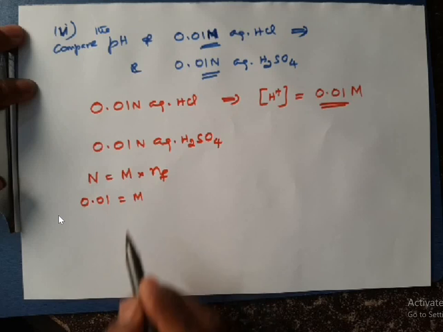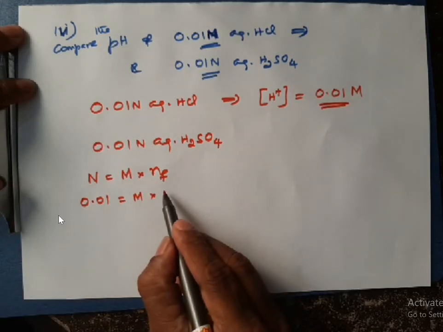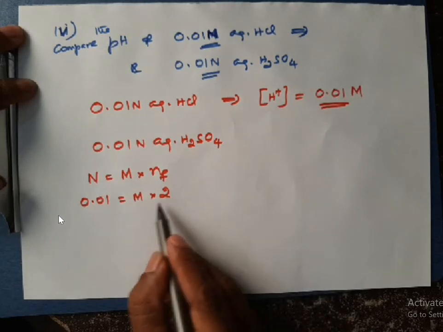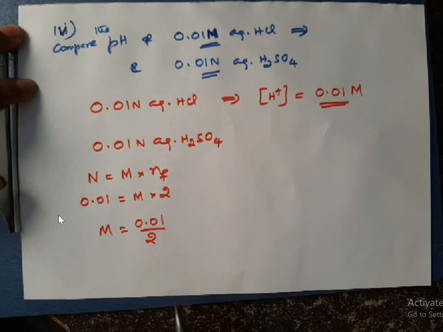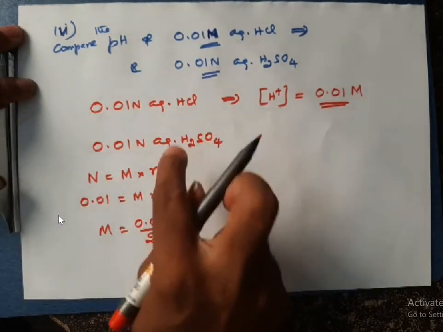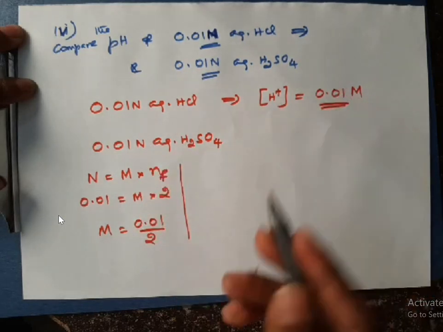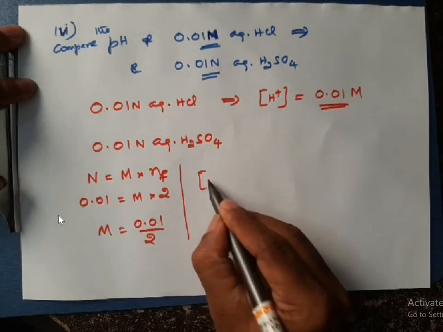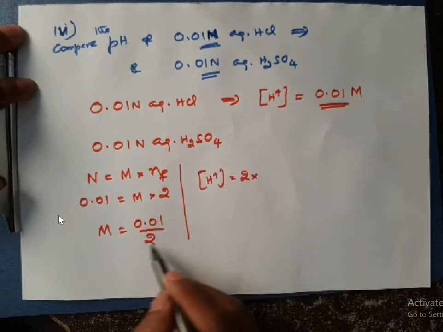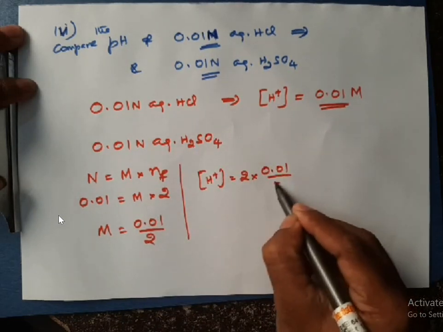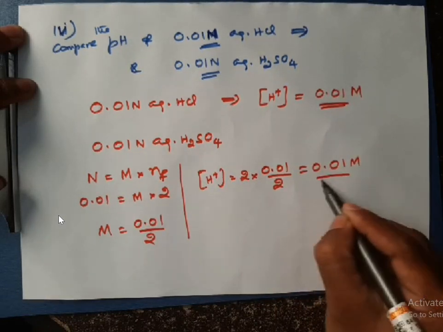So we need to find the molarity of the acid first. The N factor for sulfuric acid is 2. If I substitute this value, I get M equal to 0.01 by 2. This is the molarity of the acid. Each sulfuric acid molecule will provide 2 H plus ions. Therefore, the molar concentration of H plus is twice the concentration of the acid. The concentration of acid is 0.01 by 2. The 2 gets cancelled, so I get again 0.01 molar.